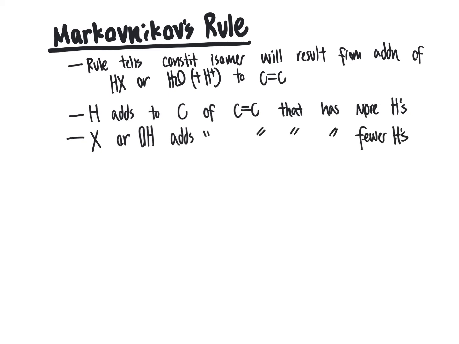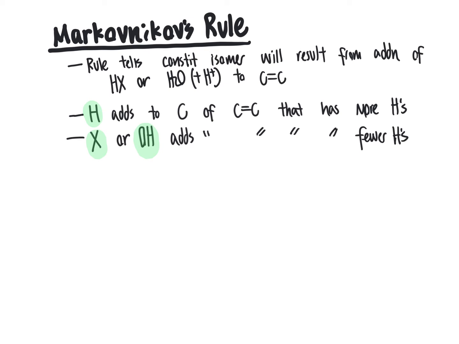Applying this rule allows us to predict which of the two carbon atoms of the double bond is going to pick up a hydrogen in these addition reactions, and which one is going to instead pick up X or OH, where X is our halogen atom.